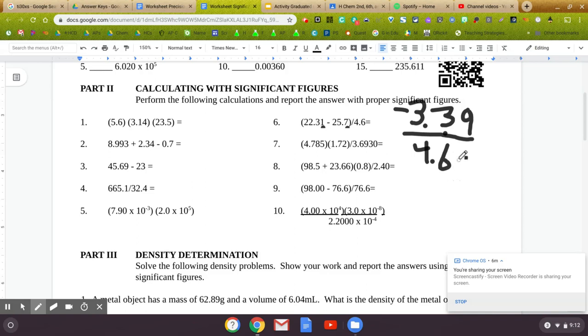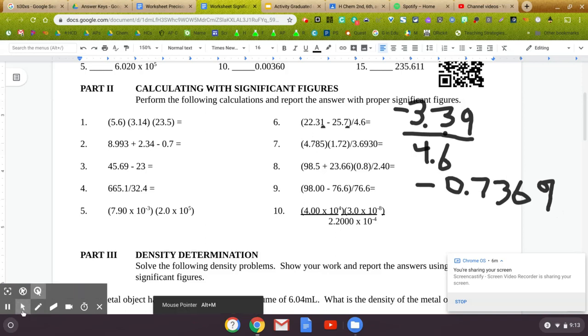If I divide by my 4.6, I end up getting negative 0.7369. That's an awful 9. So going back to what we had, this was a 3 and a 3 and a 9, where only the 3 and the second 3 place value count.